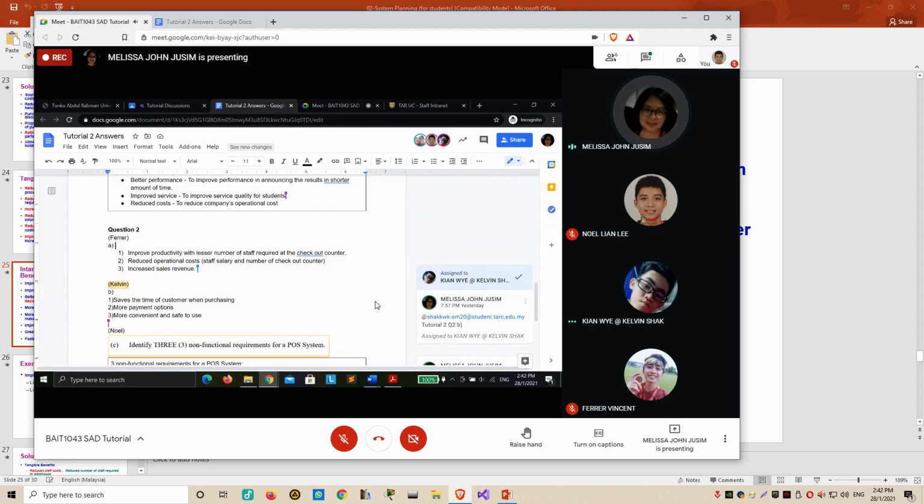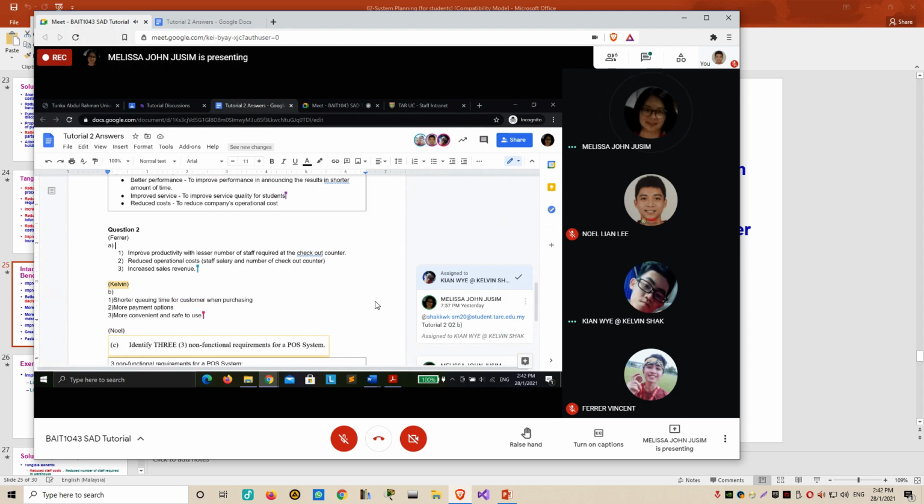I would rephrase that as a shorter queuing time. So when it is a faster checkout, then the queue is shorter. If I am the customer, I will be very happy if the queue is short. Okay, shorter queuing time.